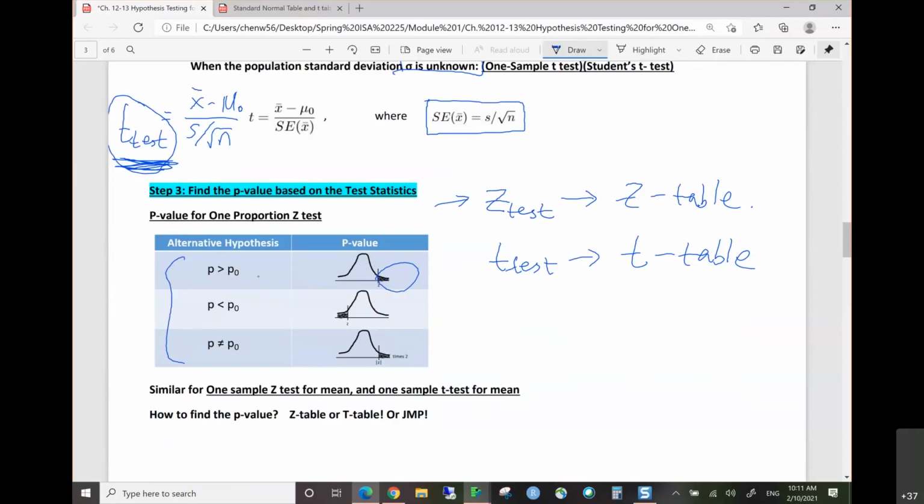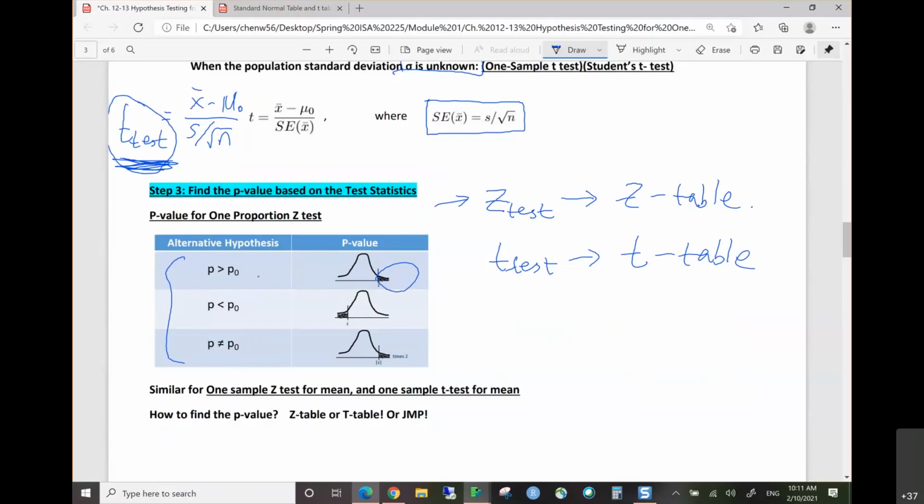So once you have the z-test statistic, you go to the standard normal table and find the corresponding value. That value is the probability to the left. Then your p-value will be 1 minus that, right? Because we need to find the probability to the right as the p-value.